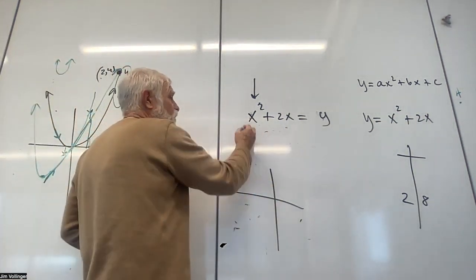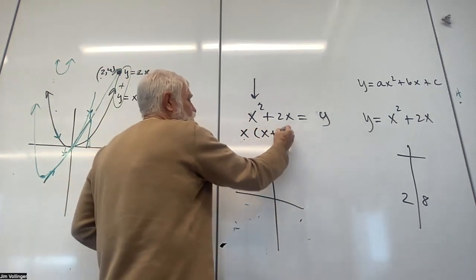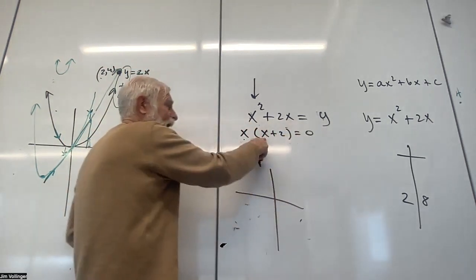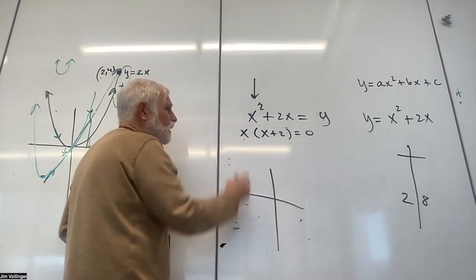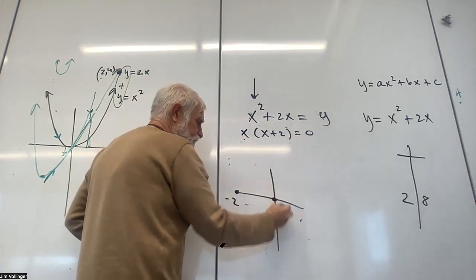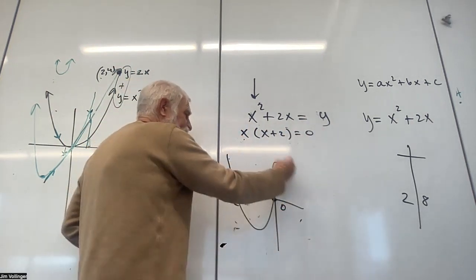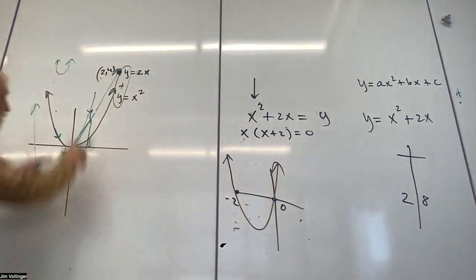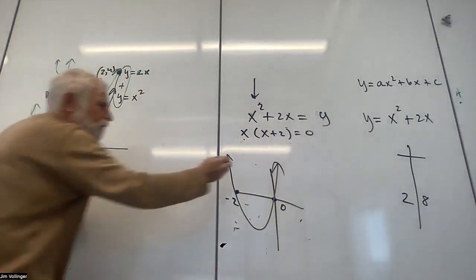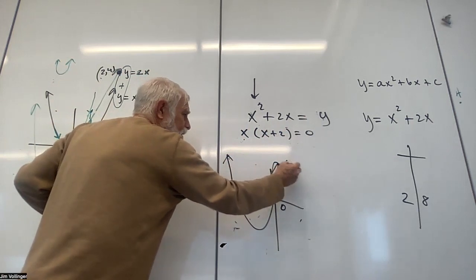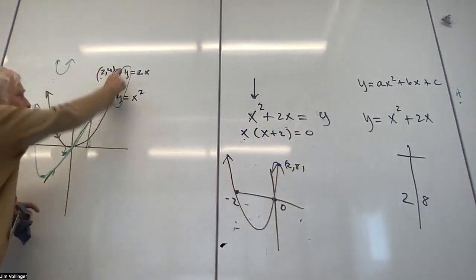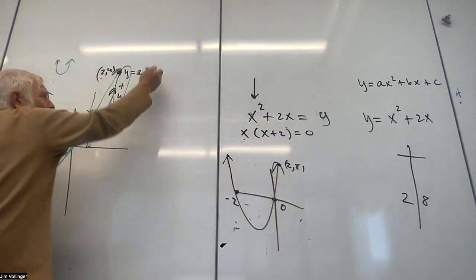So if I write this as a product, I've got x times x plus 2, and that equals 0 at negative 2 and at 0. Okay, so that's what your graph looked like, and that's what we were talking about over here. So this over here is 2, 8. All right, when we add up the y values, next is 2, then it's 4, and this is 4.